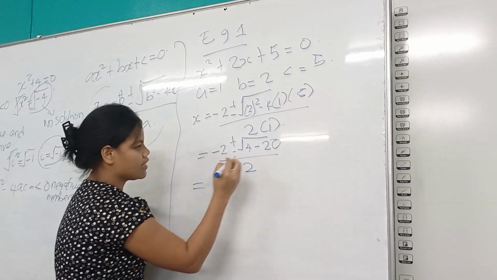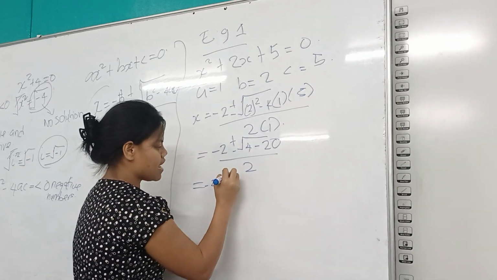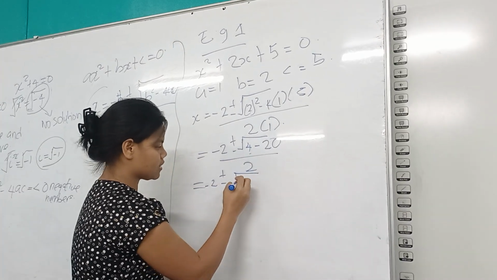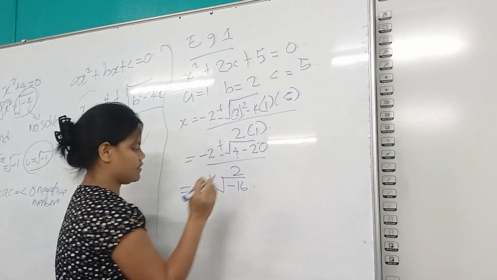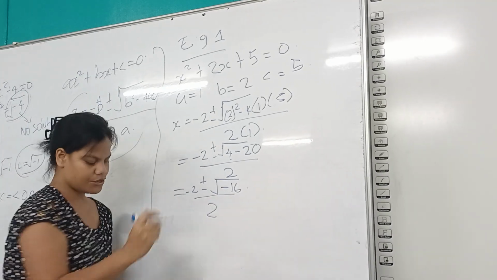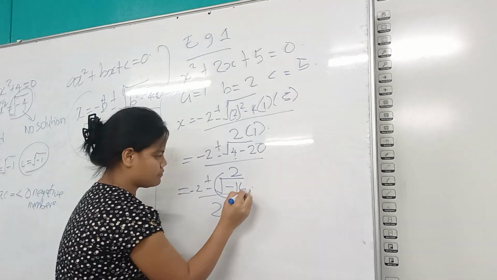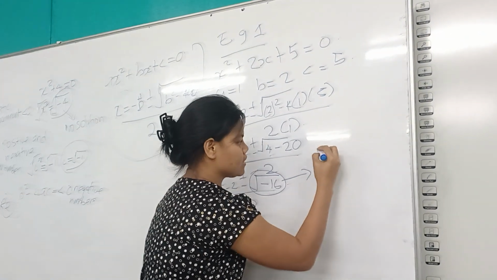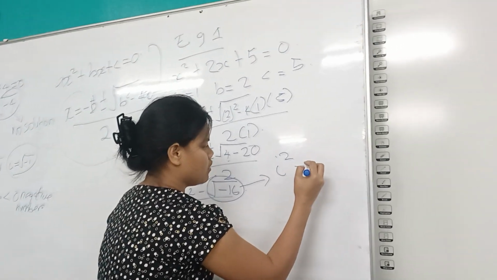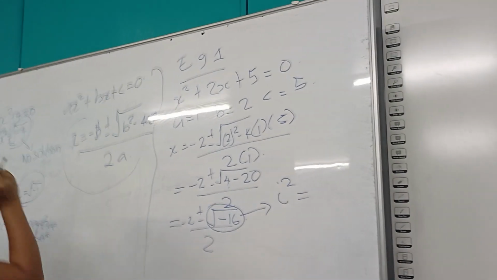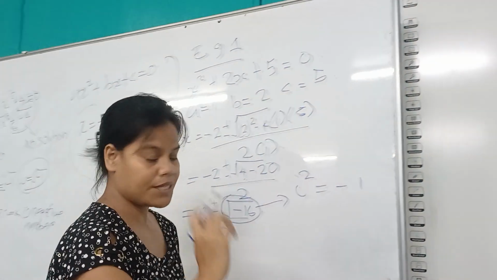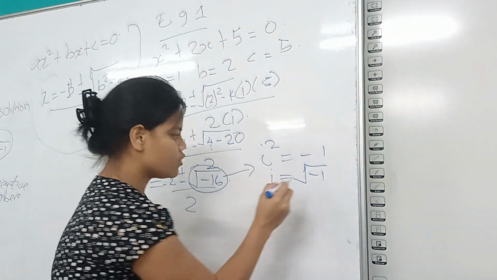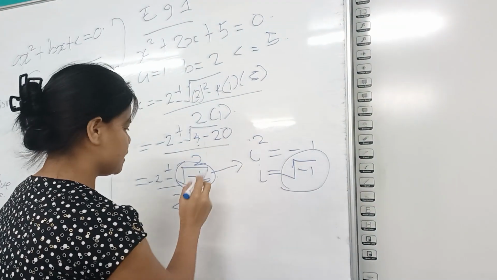Then negative 2 plus or minus root of negative 16 over 2. You can see this one is negative. Keep in mind that i squared equals negative 1, simply i equals root of negative 1.